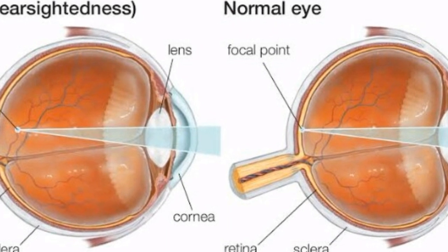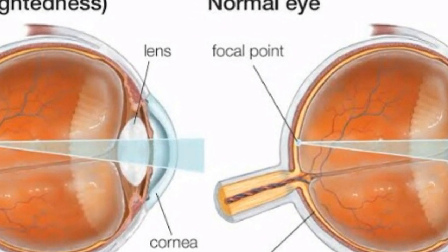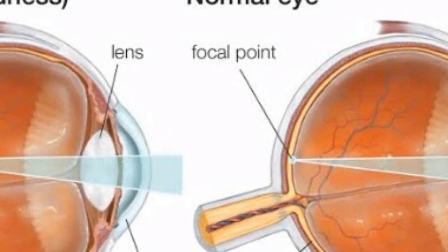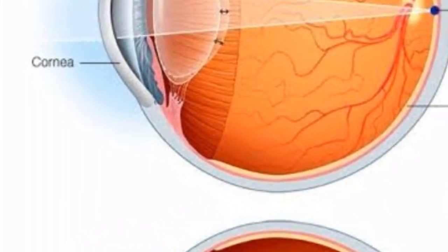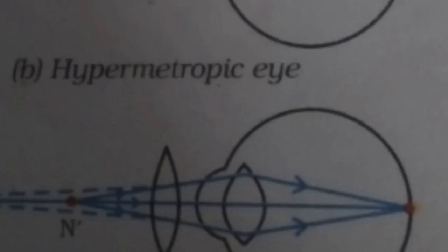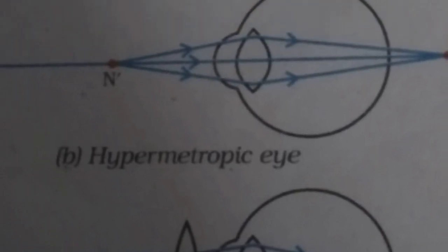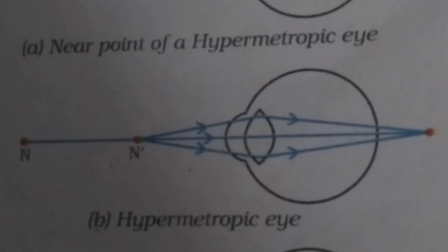But the myopic eye cannot see distant objects because the focus falls in front of the retina, near the retina.